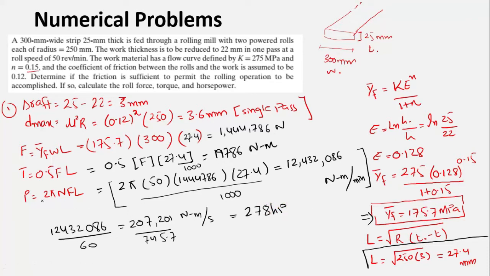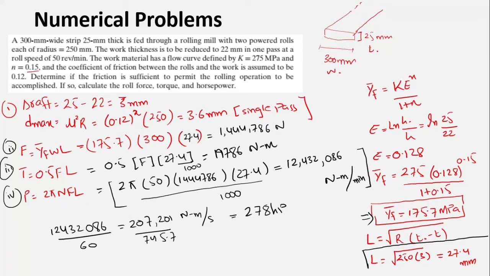So now we have calculated the force required, the torque that was required, and the power. It can be seen from the example that a large force is required to power the rolls, and there are certain ways by which we can reduce this large amount of force.